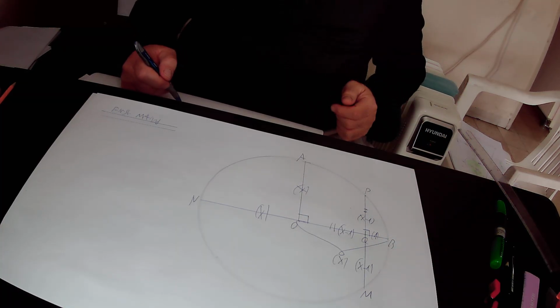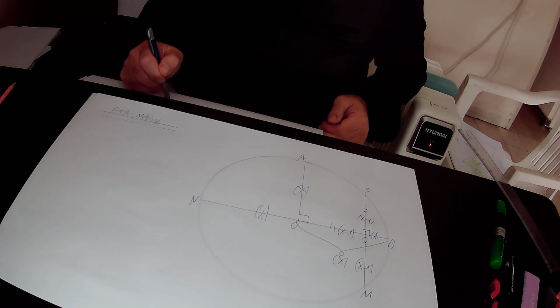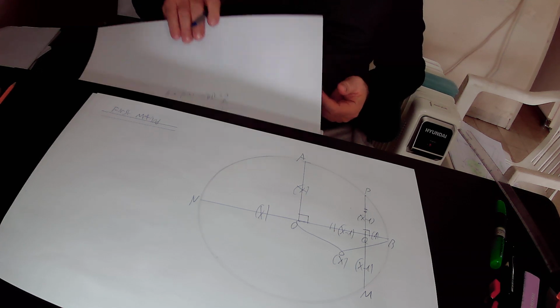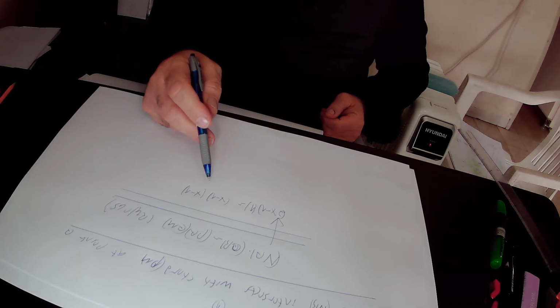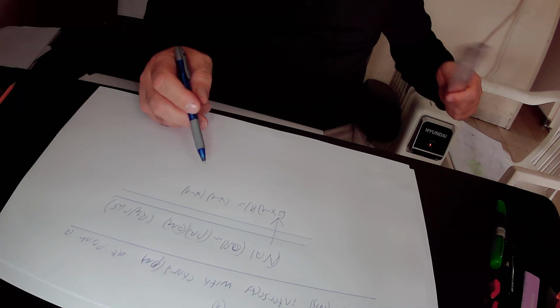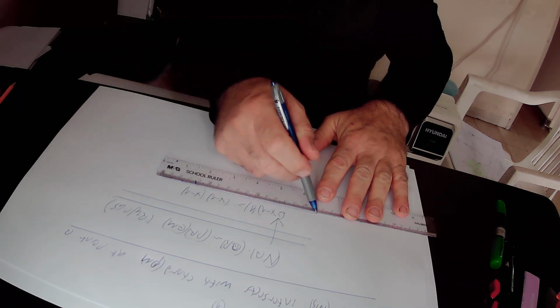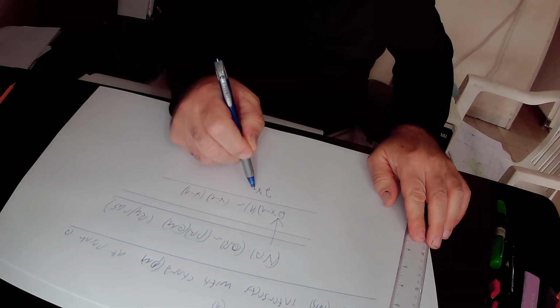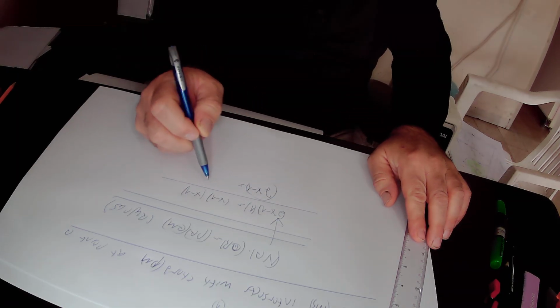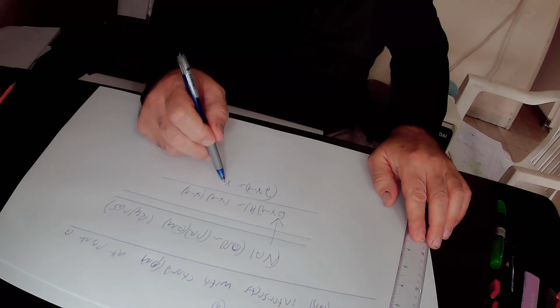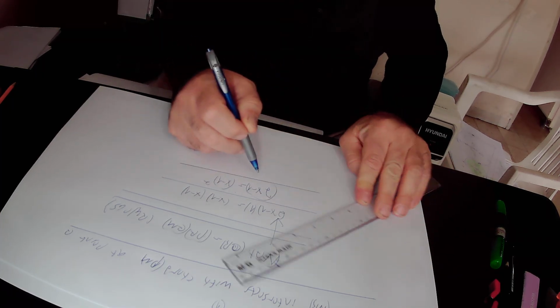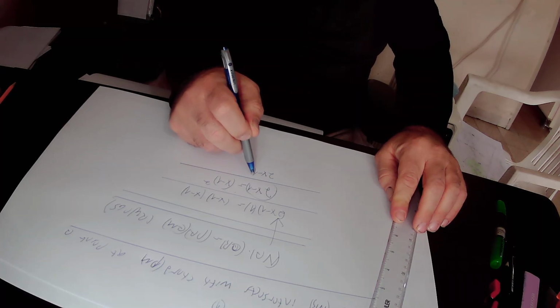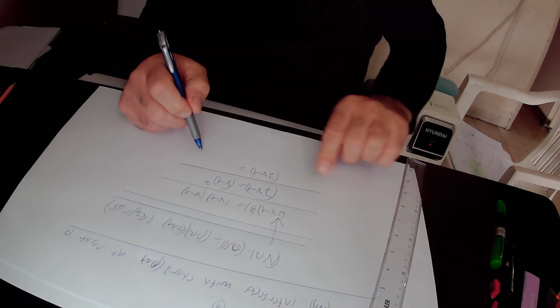QM is also X minus 1. In total, we found that 2X minus 1 times 1 equals X minus 1 times X minus 1. So 2X minus 1 equals X minus 1 squared.